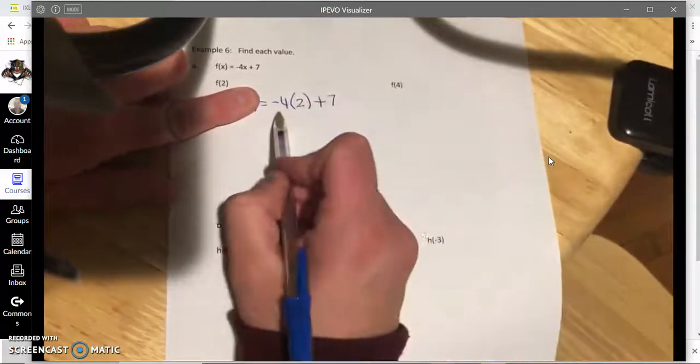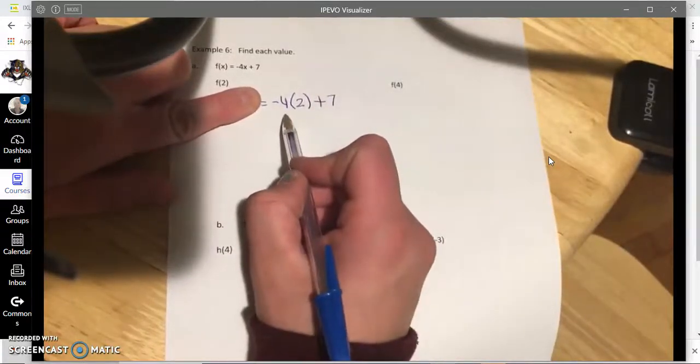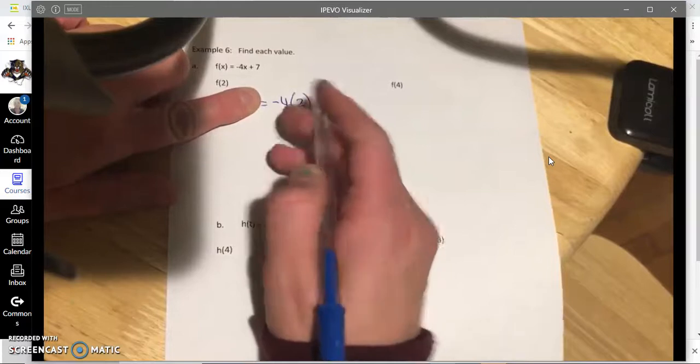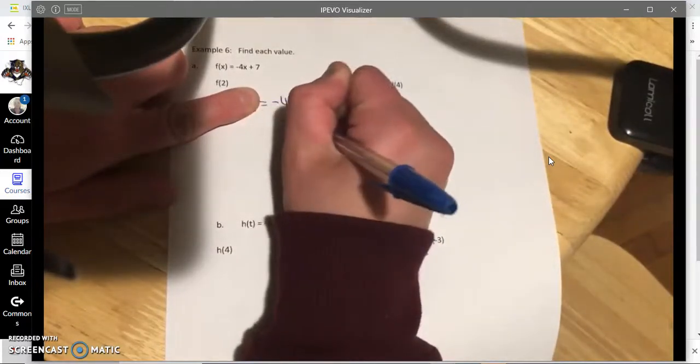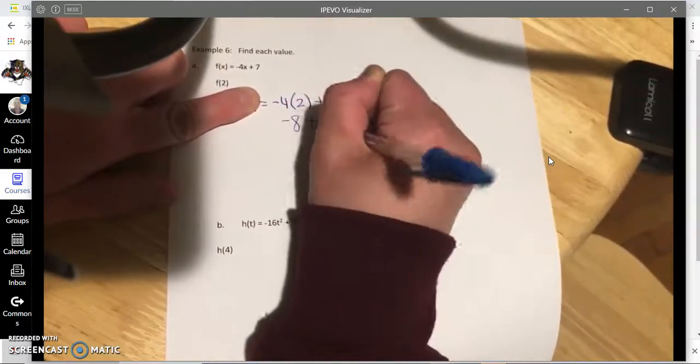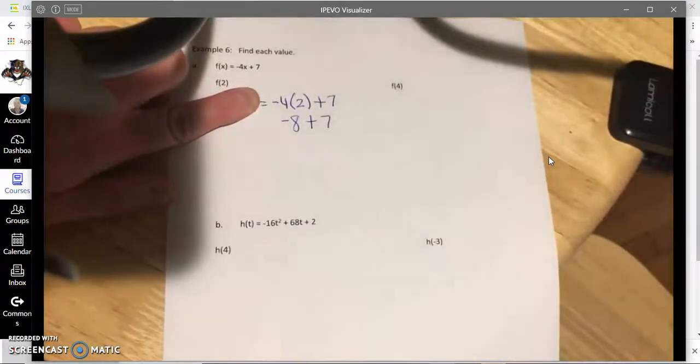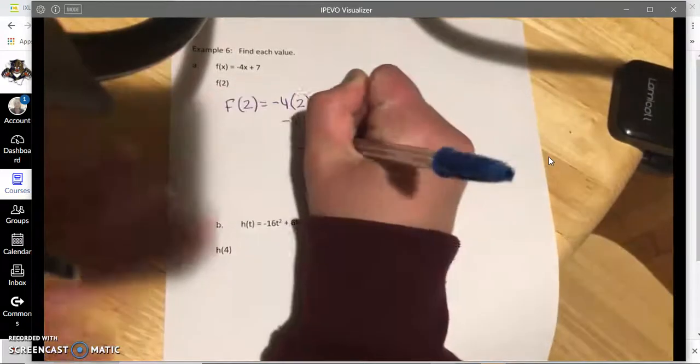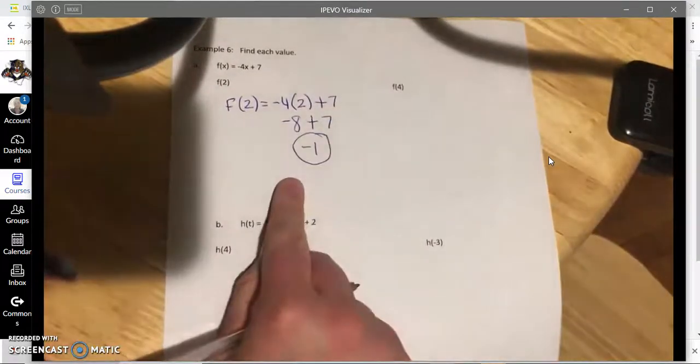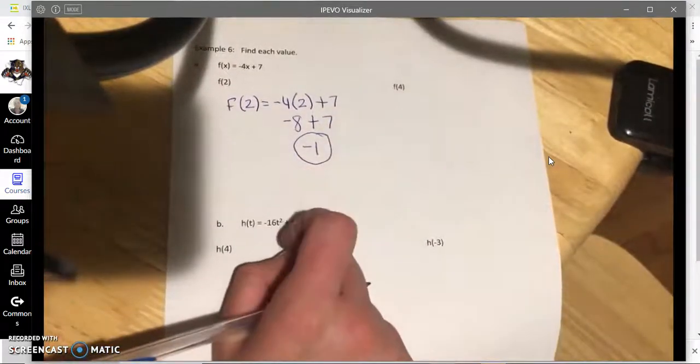All you need to worry about is -4 times 2 plus 7. -4 times 2 is -8 plus 7. -8 plus 7 is -1. So the answer to this one is -1.